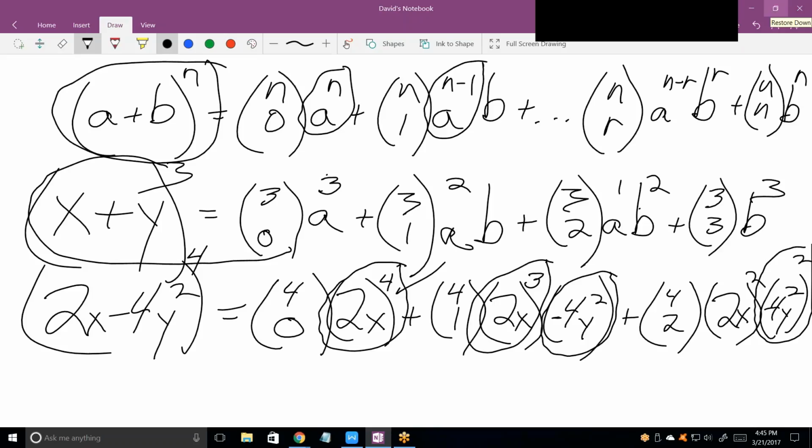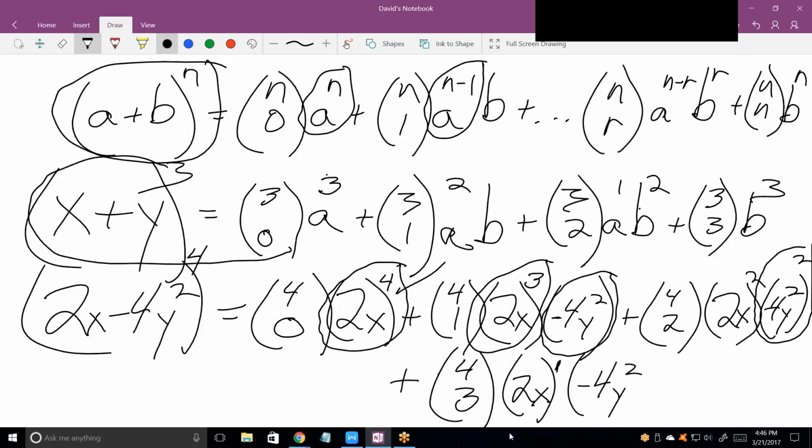So let's write the full thing. The next term is going to be 4 choose 3, and it's going to be 2x to the 1 times minus 4y squared to the 3.